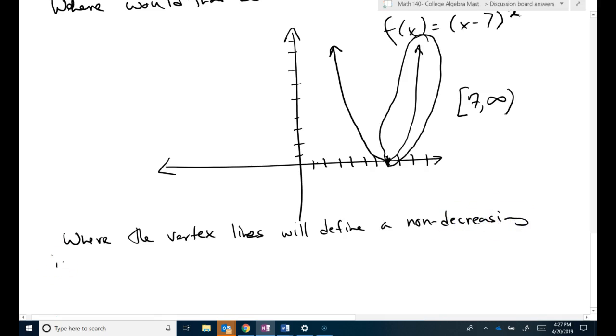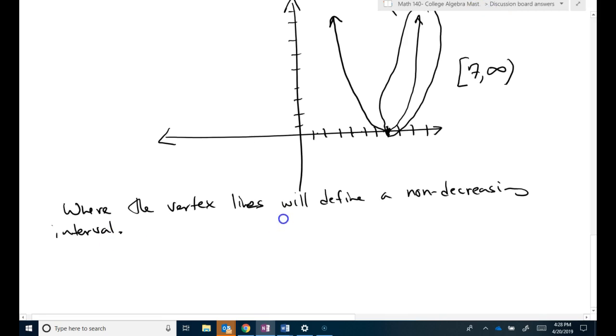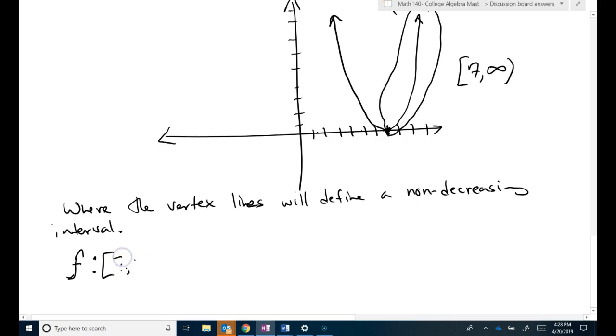So basically, you're just looking at it, and it's going to end up being not negative 7, but 7. Okay. So consequently, what we're going to do is take f, and how we write it is we're going to restrict it from 7 to infinity.